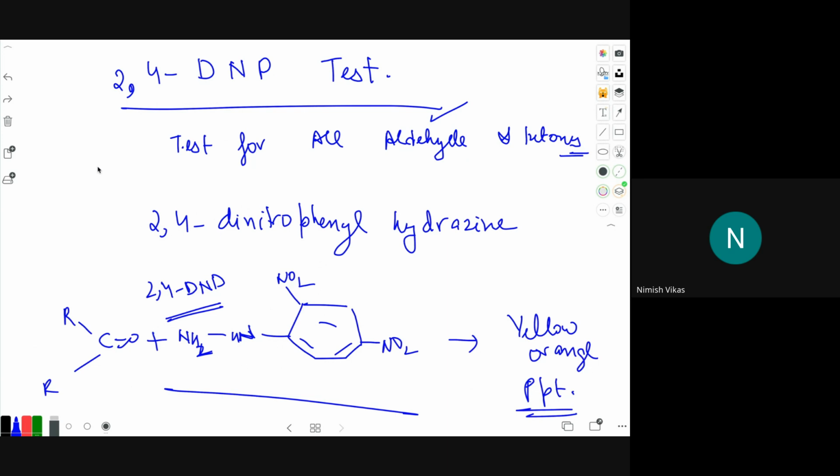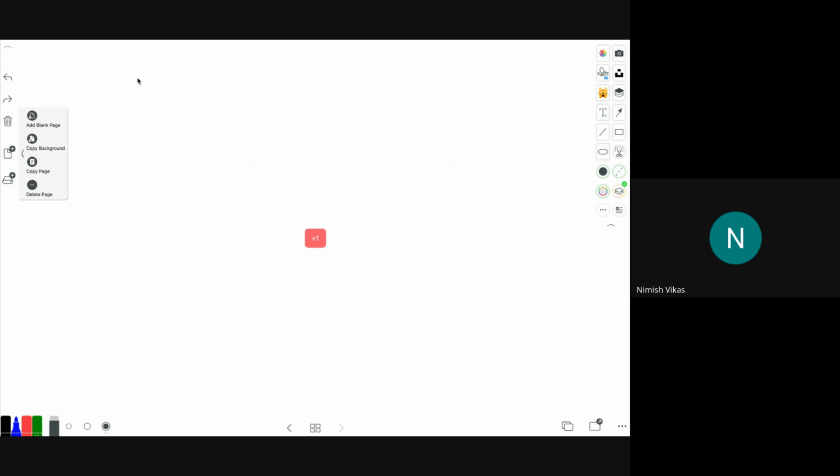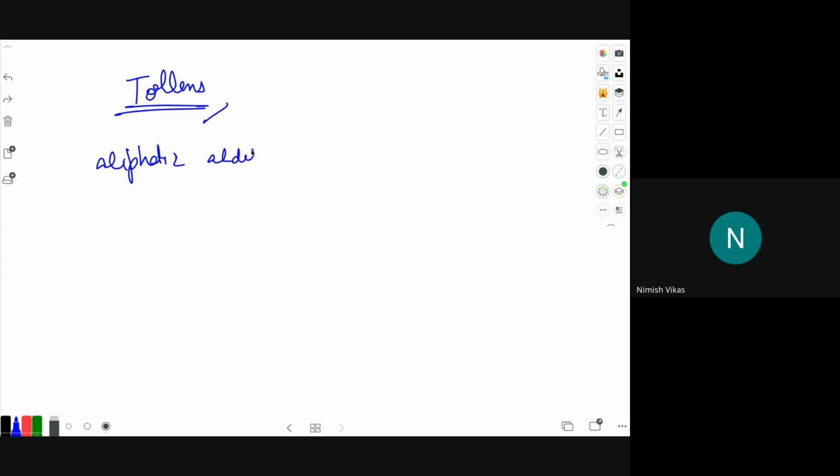Also, one more thing. When we check for Fehling's and Tollens', right? So Tollens', we were checking, aliphatic aldehydes will give Tollens' test. Both will form acid only, right? And aromatic aldehydes also, as we discussed, will give Tollens'.